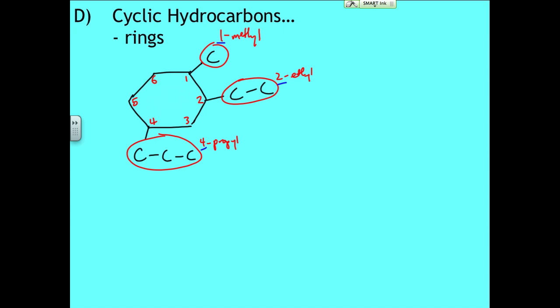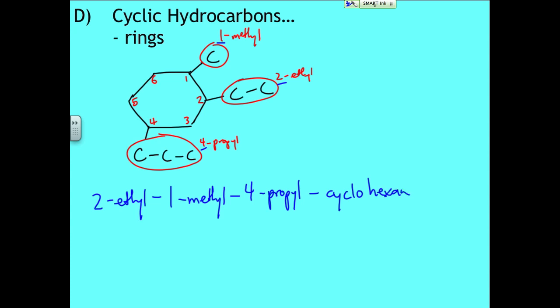So there you are, and you're simply going to list them alphabetically. Ethyl comes first, so 2-ethyl, 1-methyl, 4-propyl, cyclohexane.